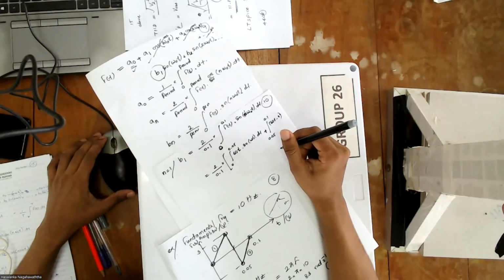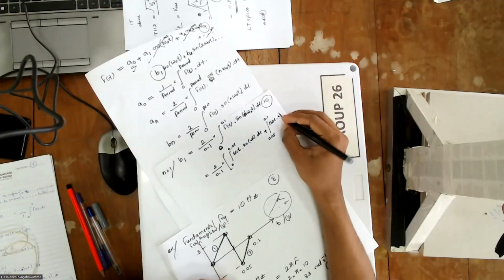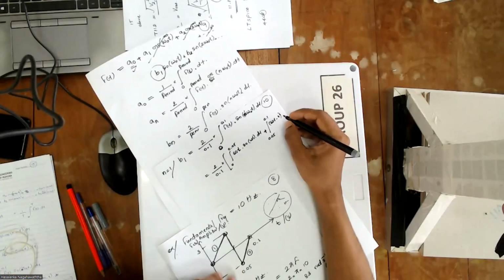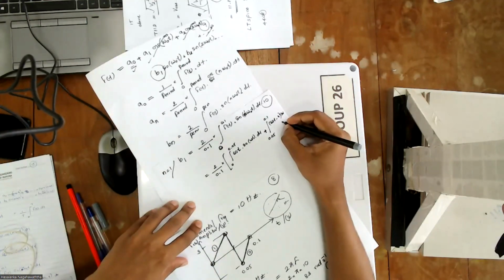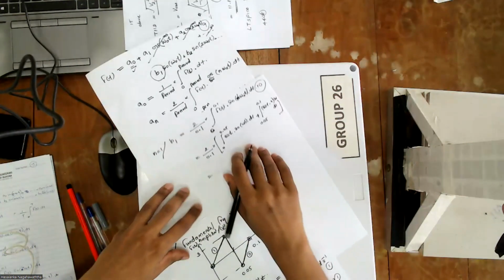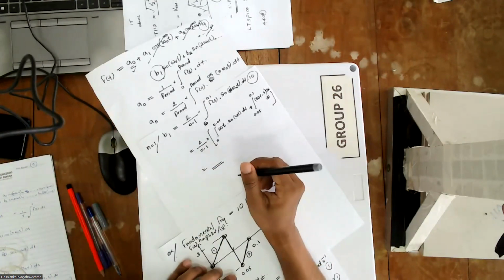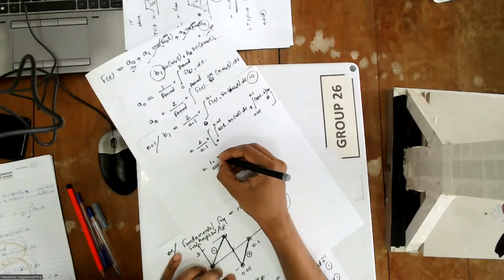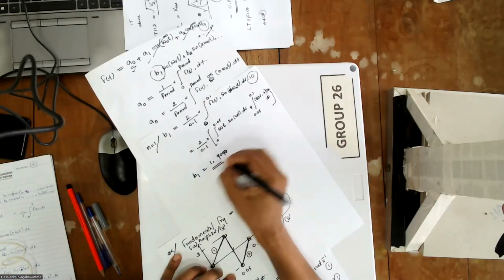Can you see my screen? Yes. Okay, 6 and sin omega t dt. Then you can take one final answer. It is 1.9098. Therefore B1 is this one.